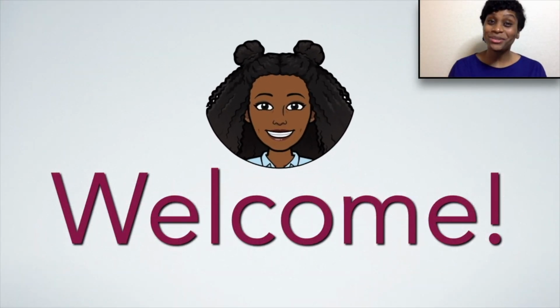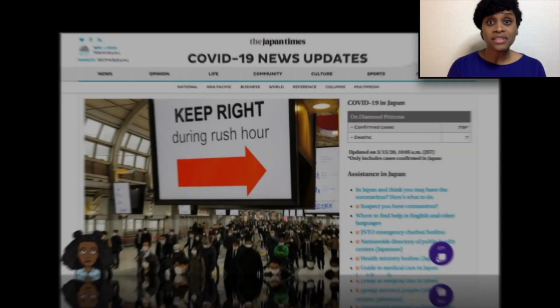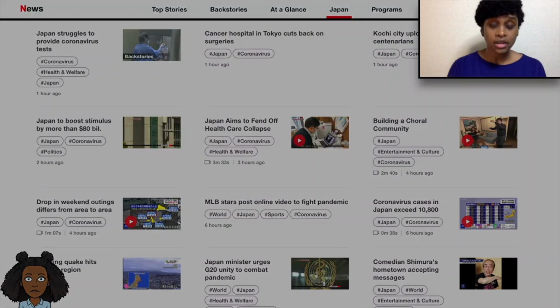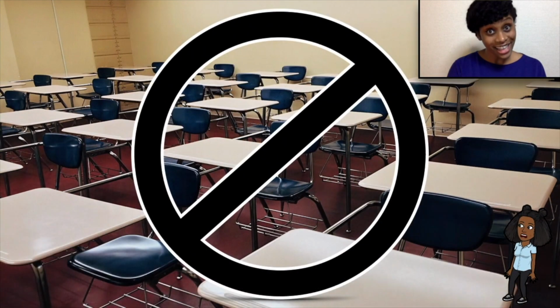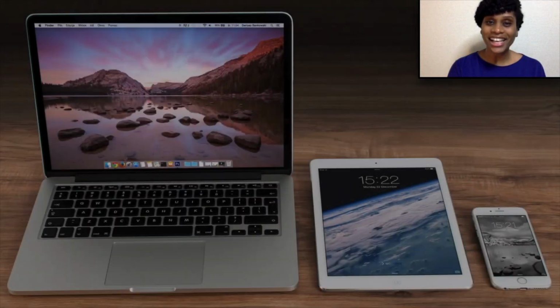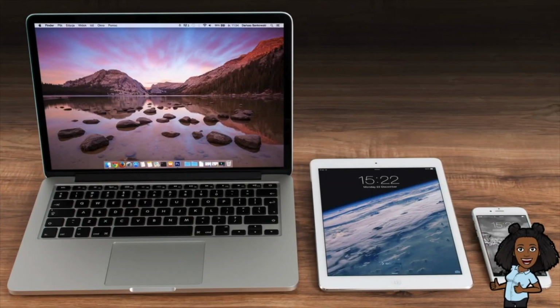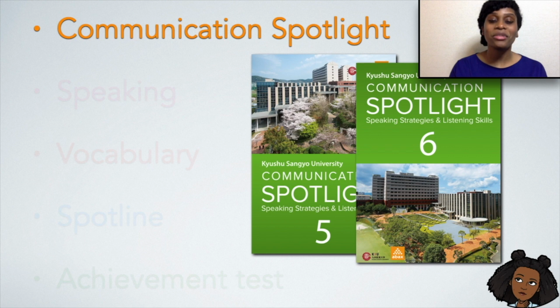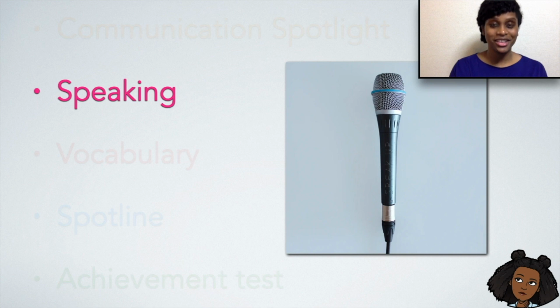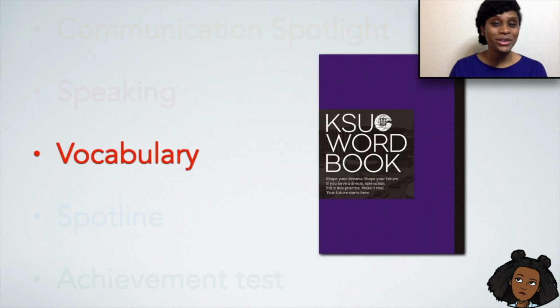Welcome to Listening and Speaking. Because of the dangerous coronavirus, we will not have classes at school. Instead, we will do our classes online. In this class, we will do homework from the textbook, Communication Spotlight. We will do speaking homework. We will do vocabulary homework using the KSU word book.